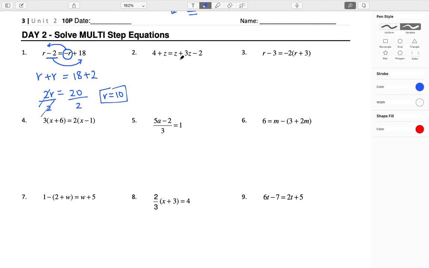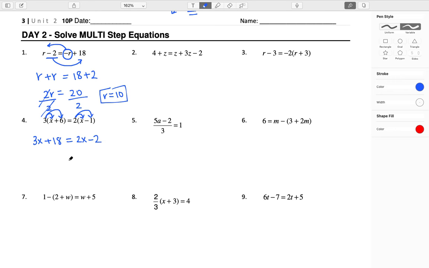Now, what about if you were to have a bracket here? So if you have a bracket, we need to open up the bracket by doing a distributive property. So in this case, 3 times x, 3 times 6, and 2 will also be doing distributive property. So it will be 3x plus 18 equals 2x minus 2.